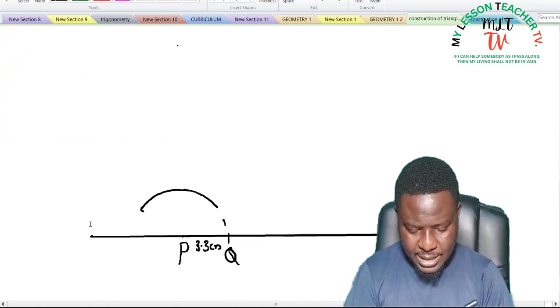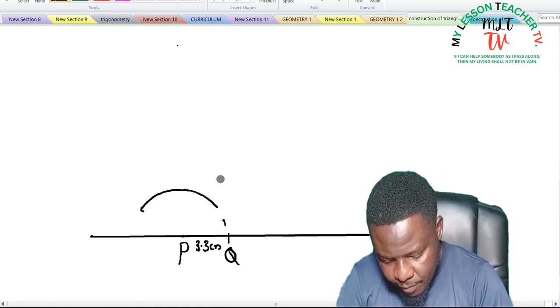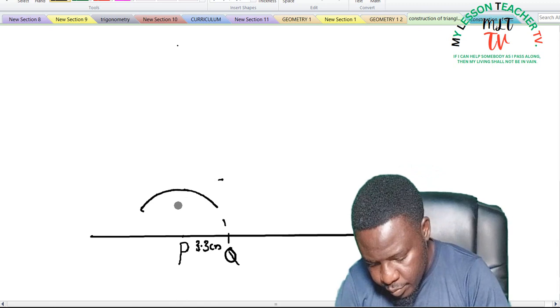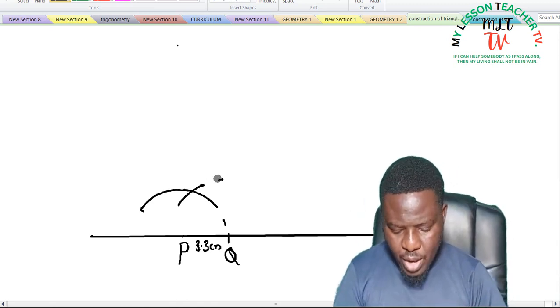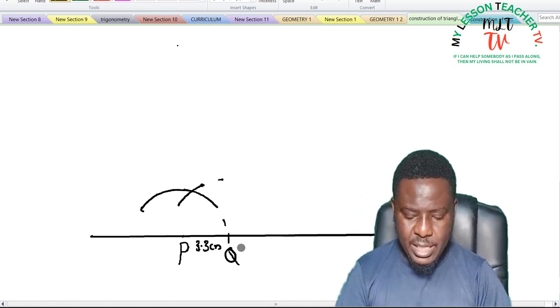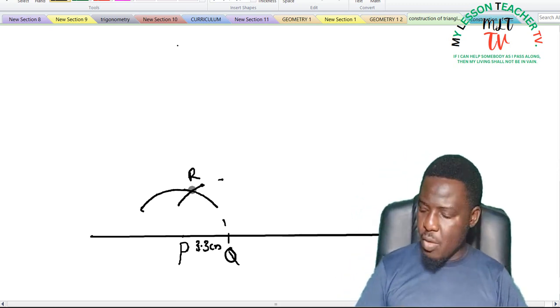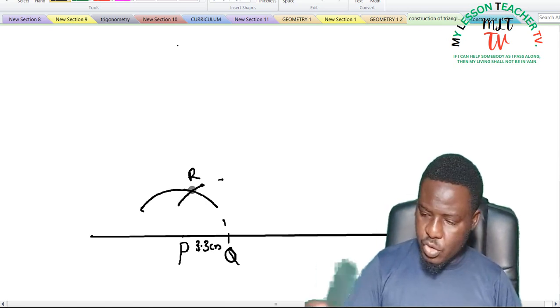What I'll do now is with Q as center, I'll then construct an arc to measure 4.4. So the point where the arc P and Q intersect is said to be my point R. So this is my point R. So what you will do now is to join point P R and point Q R using your rule.